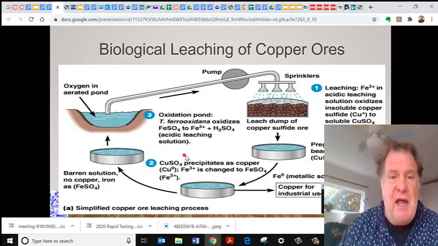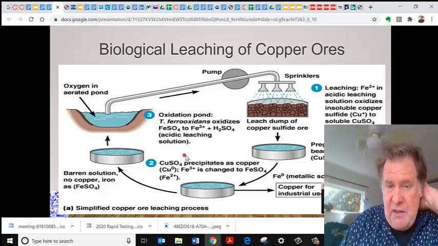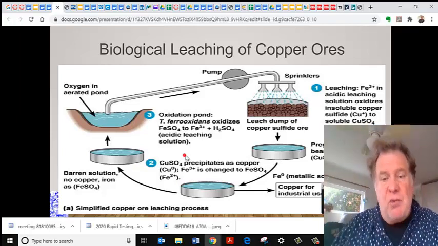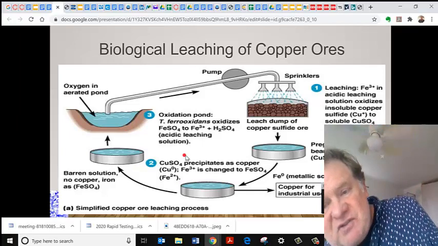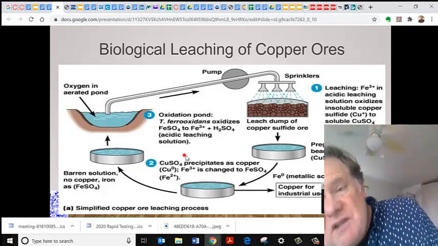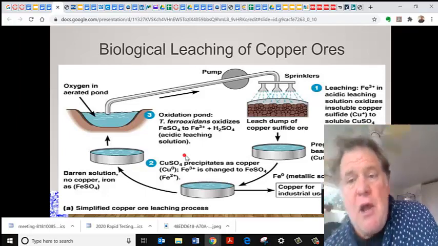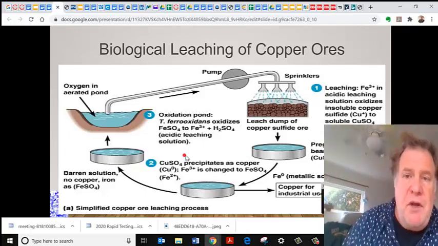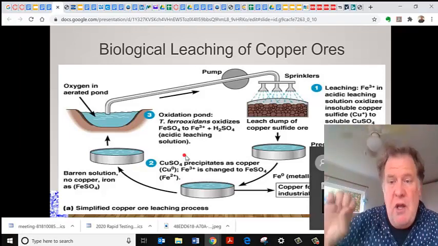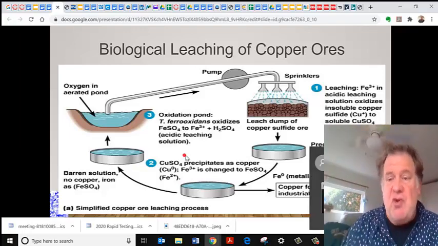By using microorganisms to bump up the acid, we're able to release those metals and harvest them. By using very big trucks and all this, we're able to get gram per ton quantities. So you have a ton of ore and you have a gram of material, where in the past you wouldn't really be able to do that.